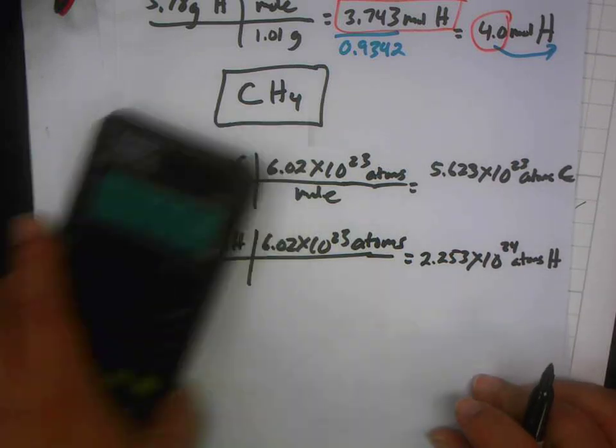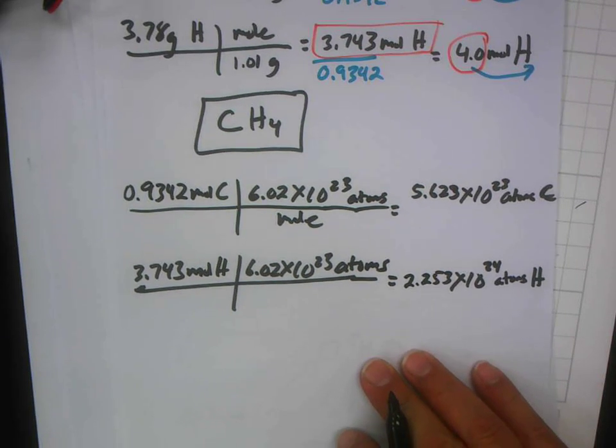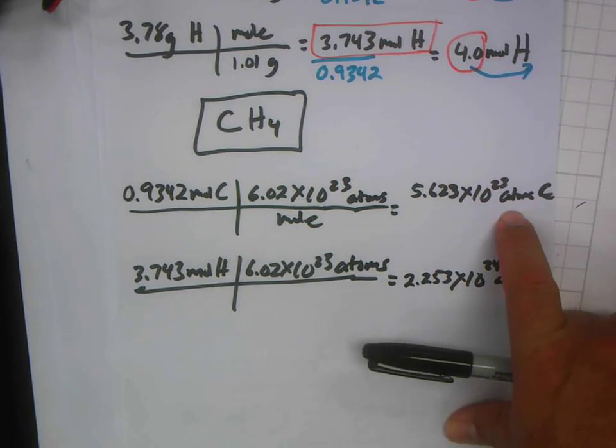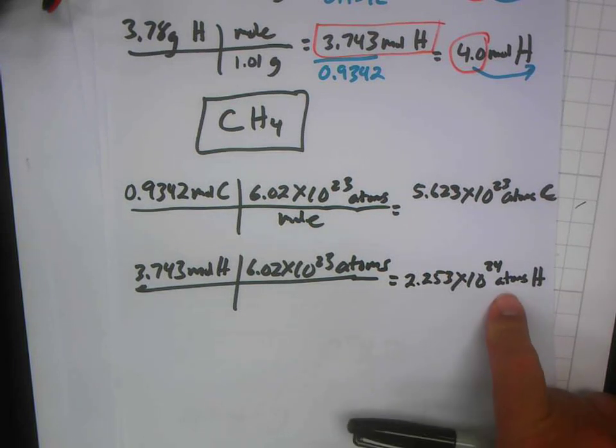Okay. So in our 11.22 grams of carbon, there was this many atoms of carbon. In our 3.78 grams of hydrogen, there are this many atoms of hydrogen.